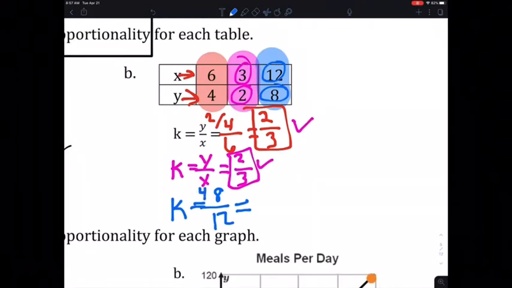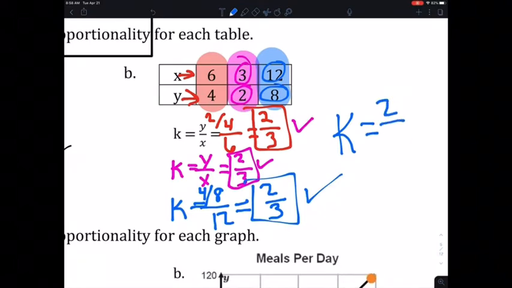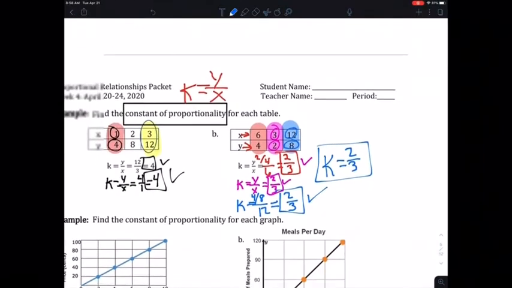So let's try with a 4. What's 8 divided by 4? Good. What's 12 divided by 4? Look at you guys on top of your game. Awesome job. There you go. They all match. Therefore the constant of proportionality for this table is 2/3. All right, moving on.